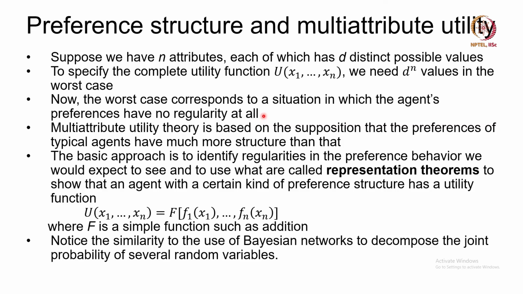So you don't know how you can choose, right. So then you use what is called the multi-attribute utility theory. So what you do is that the utility of x1 to xn, find a simple function f, okay, which combines these f1 to fn. So it could be something like addition or multiplication or some very simple function.